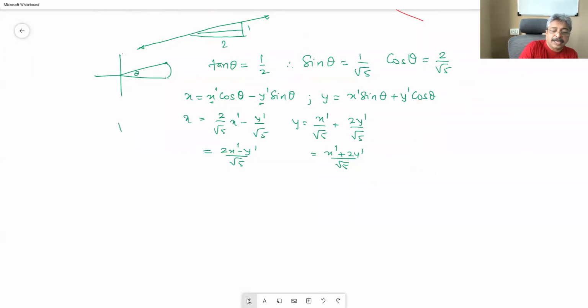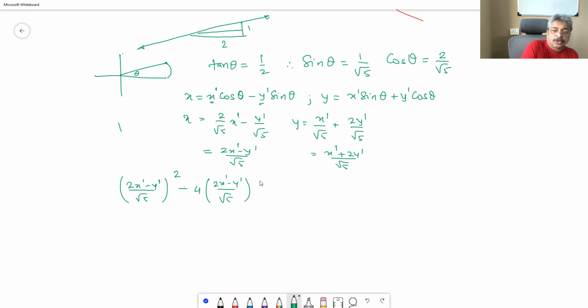So 2x dash minus y dash upon root 5 bracket square, this is our first term, plus 4 times 2x dash minus y dash upon root 5 into x dash plus 2y dash upon root 5, that is the 4xy term, plus 4y square plus 4 into x dash plus 2y dash upon root 5 minus 6 into 2x dash minus y dash upon root 5.